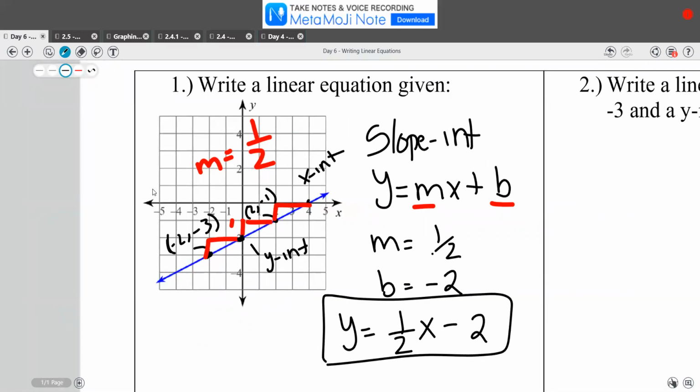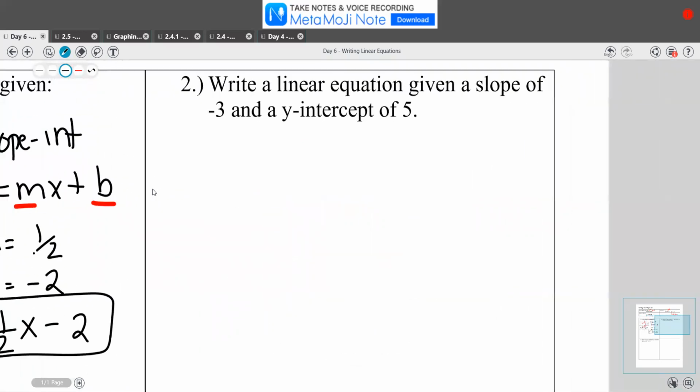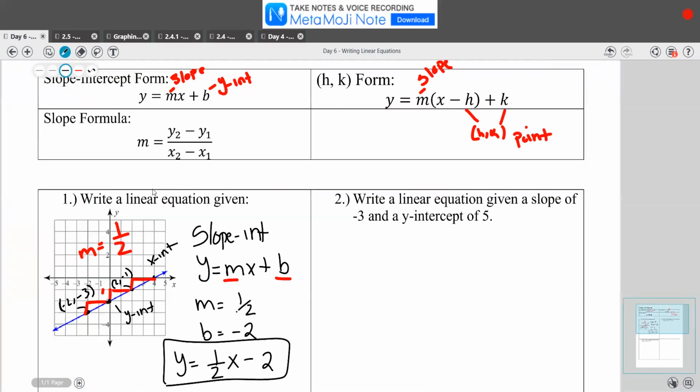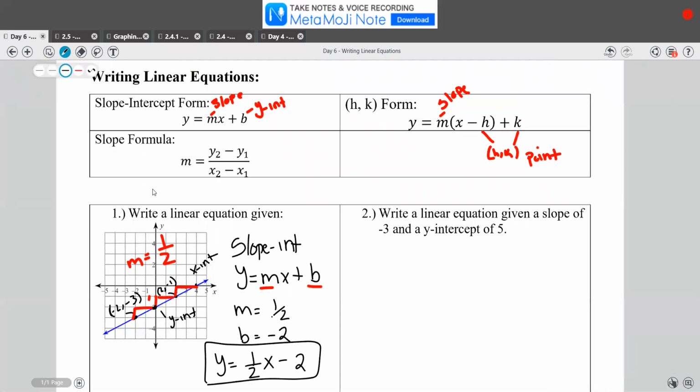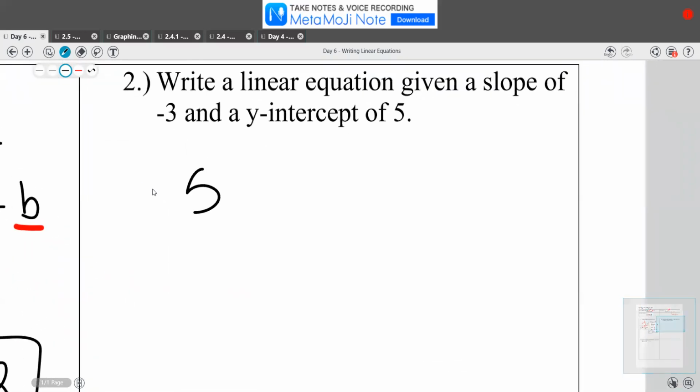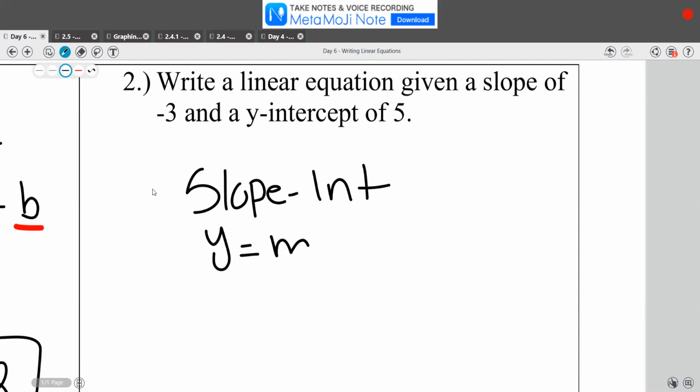Okay. If I go to number 2, write a linear equation given a slope of -3 and y-intercept of 5. So again, I gotta come back to my equations and which one of those can I use? Which one has a slope and a y-intercept? So again, I'm gonna pick the slope-intercept form, which is y equals mx plus b.